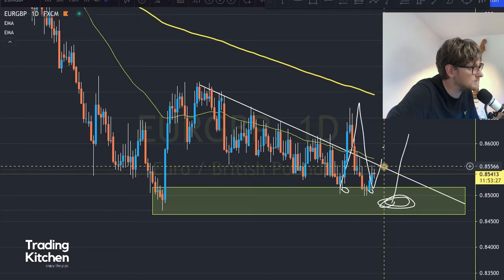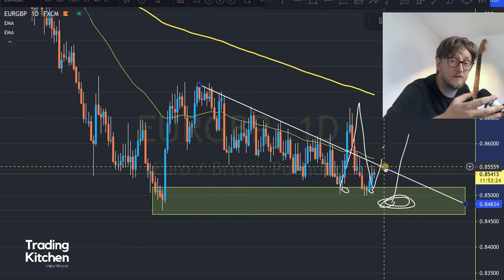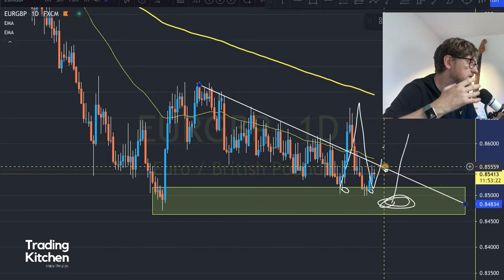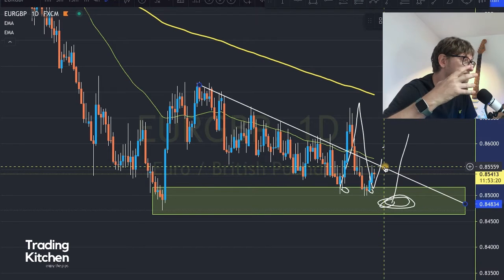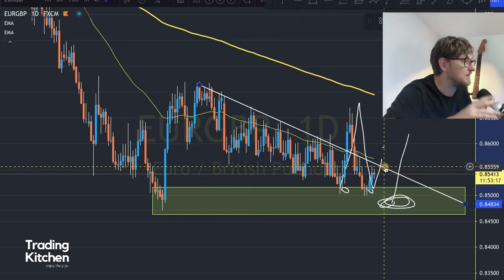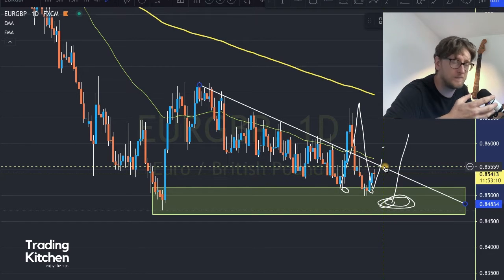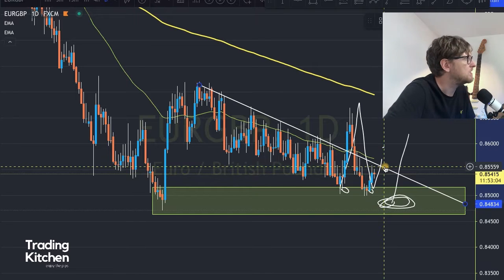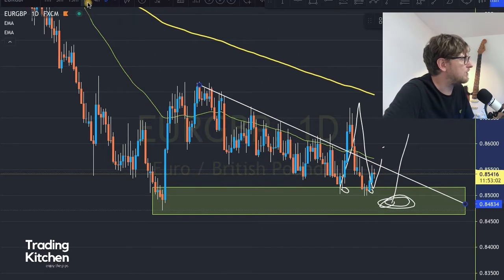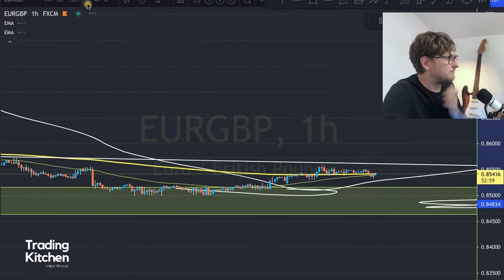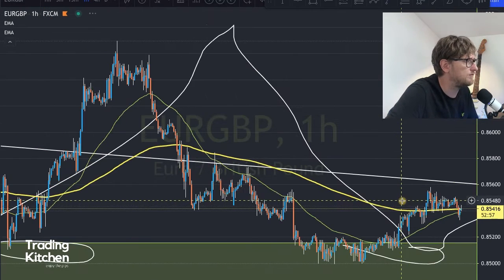But this trend line advises me, this trend line tells me that it could be a very good moment, a very good time to go short again. So let's move to a 1 hour time frame or a 4 hour time frame to find the perfect zone in which to open a trade.